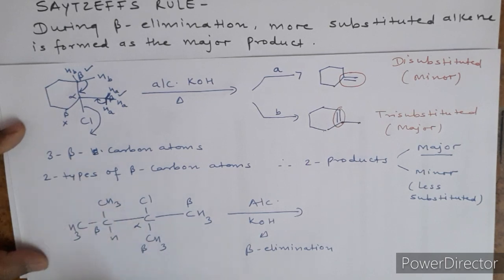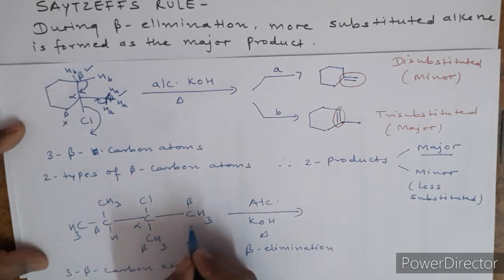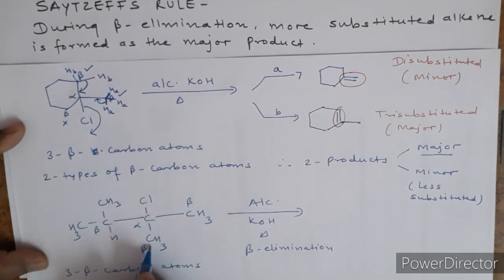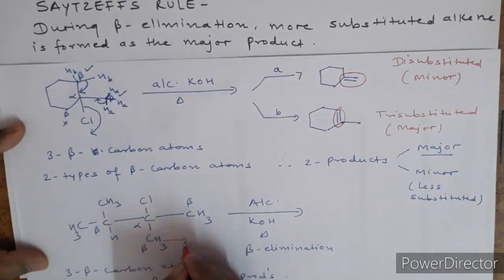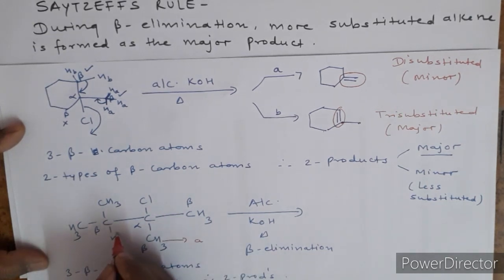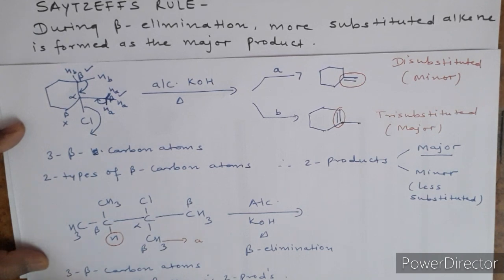There are 3 beta carbon atoms, but if you see carefully, 2 of the CH3s are of the same type. Hence, this one and this one are the same. So this one is only one type and this is the second type. So there are total 2 types of beta carbon atoms, there are 2 types of beta hydrogen atoms, and therefore there are only 2 products which I can make.